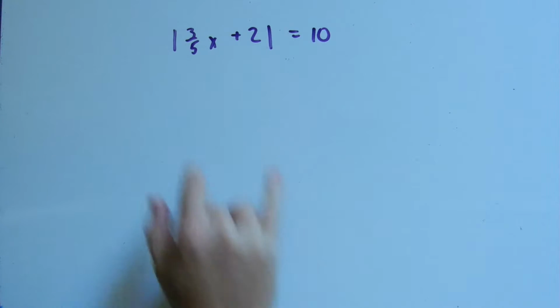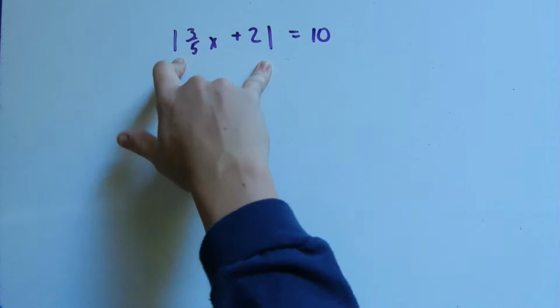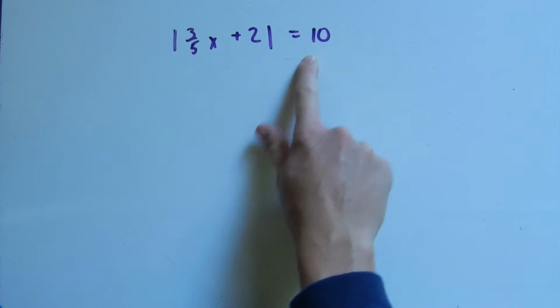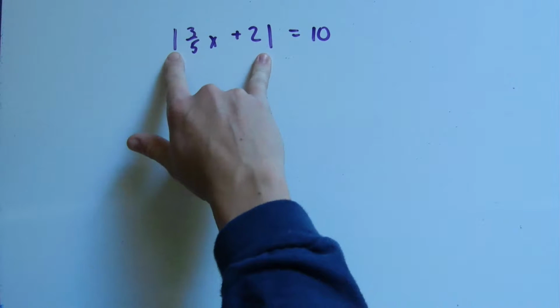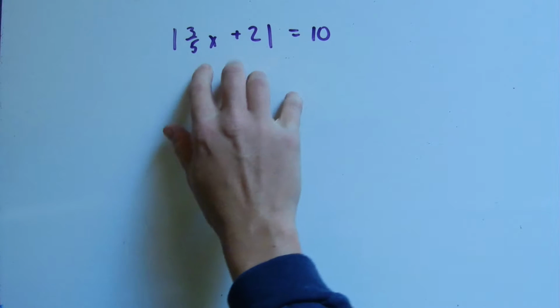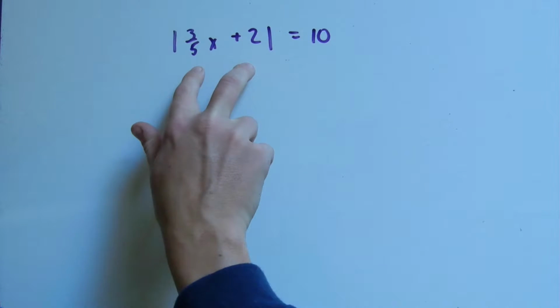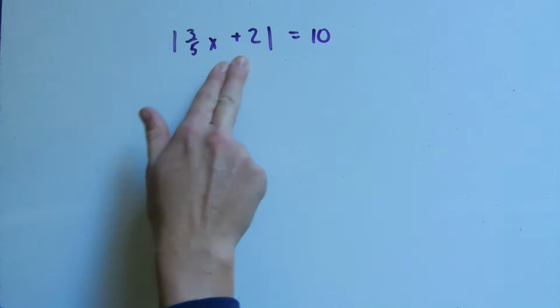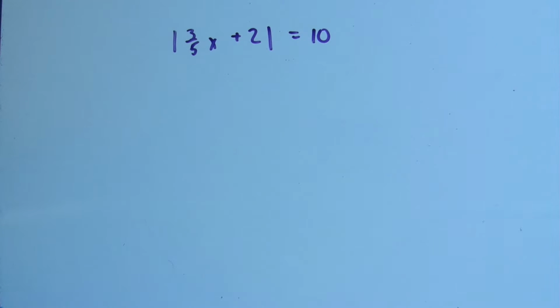Remember from what we just did, this absolute value, 10, is the distance away from 0. So this quantity could either equal positive 10 or it could equal a negative 10. Because the absolute value of negative 10 is 10, and the absolute value of a positive 10 is 10.